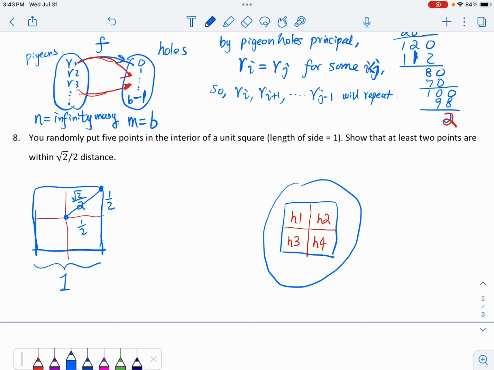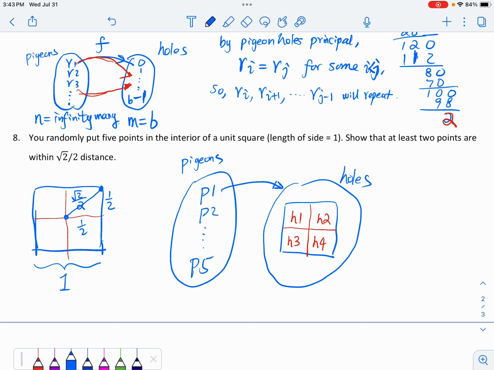Now, these are my pigeonholes. I have 5 points, say point 1, point 2, point 3, point 4, point 5. These are the pigeons. And then f is just placing them in any way you want, into one of those holes.